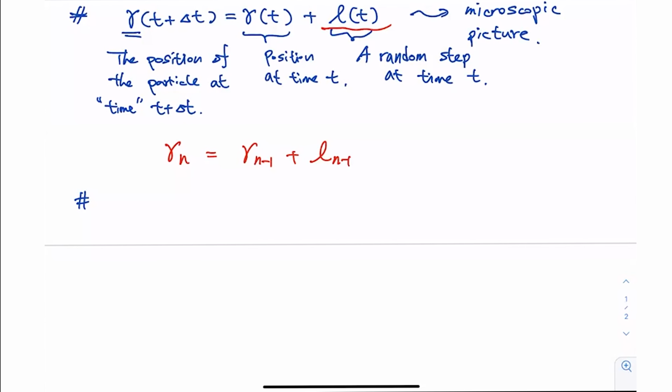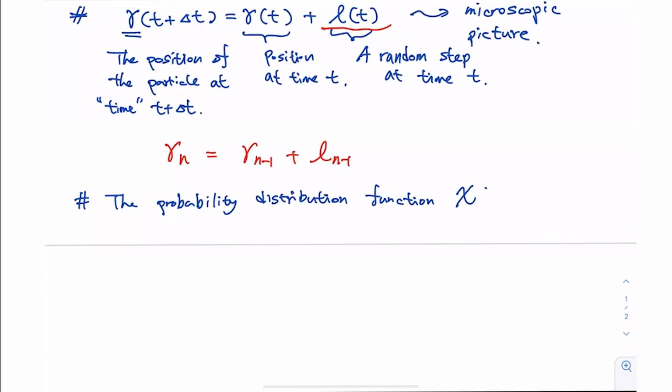Usually when we try to characterize a random number, the most important quantity is the probability distribution function. Let's denote this probability distribution function as chi, and the variable of this probability distribution function is the step size L. So what does that mean?